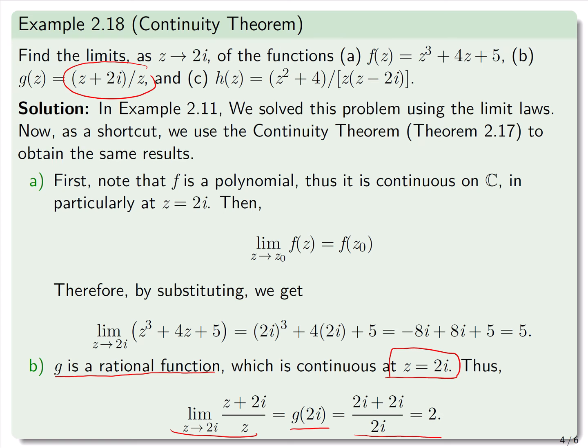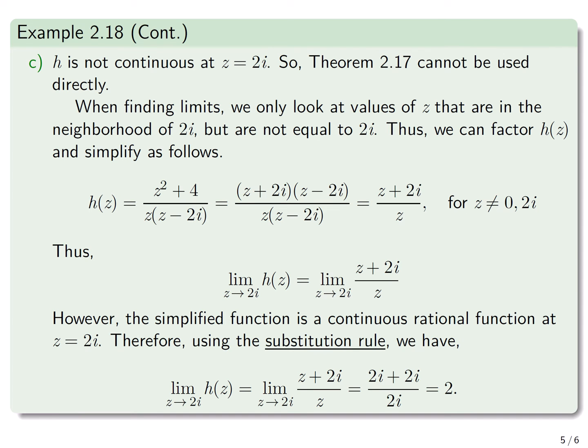So let's look at the third one. The third one is not a continuous function at 2i, because we see the factor z minus 2i in the denominator. Because of that, it is not continuous, so you cannot use the theorem directly for this problem. But you notice something: when we want to find the limits, we only look at values in the neighborhood of 2i but not equal to 2i.